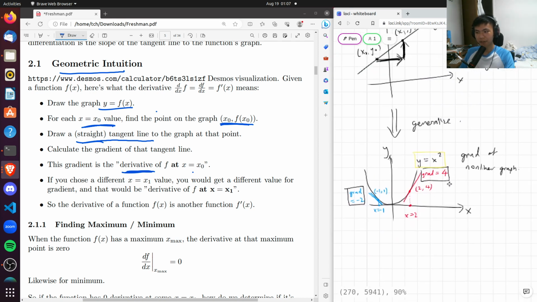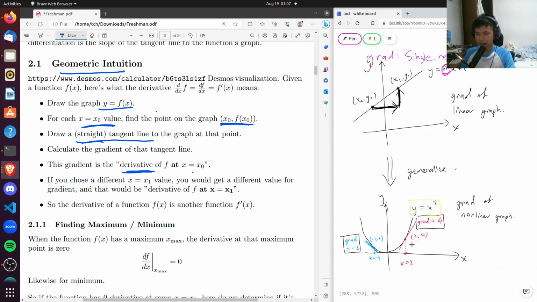However, if I look at the non-linear graph, every single x value that I pick gives me a different tangent line, and a different tangent line will give me a different gradient. Because there are infinitely many real x values, I need infinitely many real numbers to describe the full set of gradients at every point on the graph.